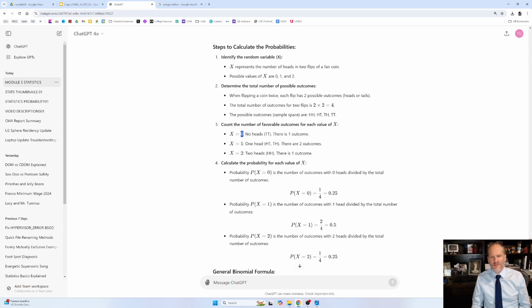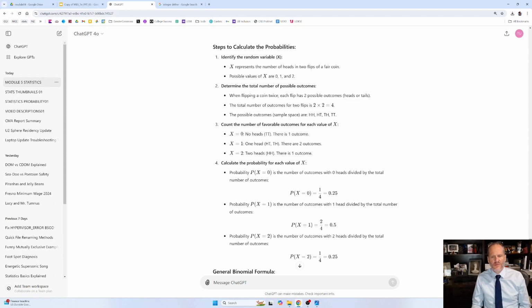So if we have 0 heads, that's 1 out of 4, 0.25. We have 1 head, that's 0.5. We have heads and tails and tails and heads, so there are 2 outcomes.